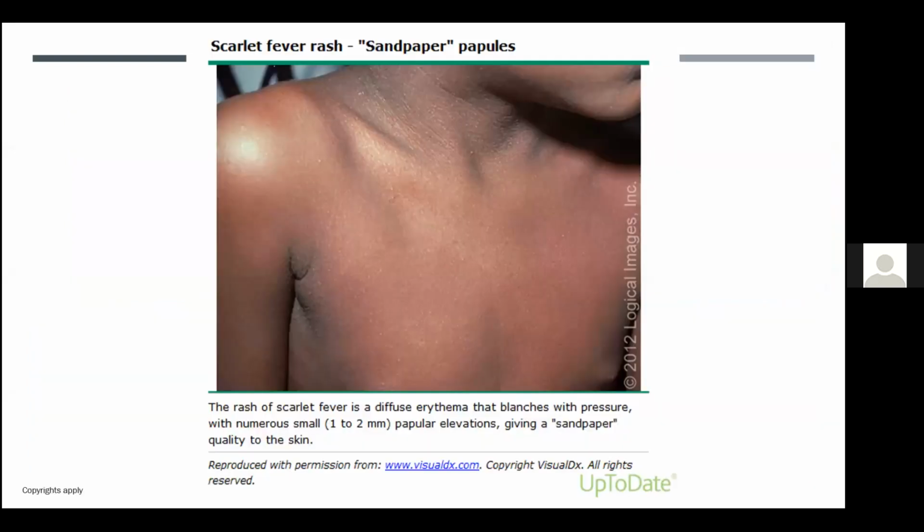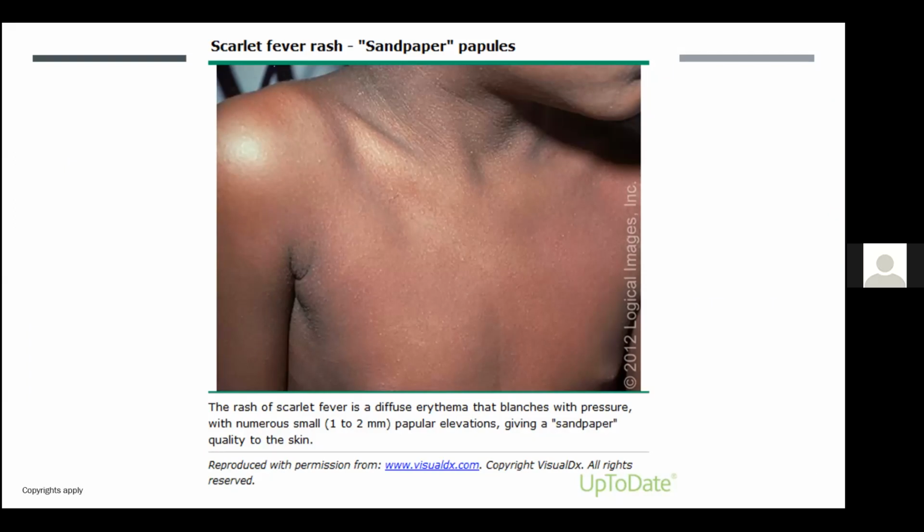Here's a nice view of the sandpaper-type rash, where you get numerous small papular elevations. The rash usually starts in the groin and the armpits and rapidly expands to cover the trunk, and it ultimately desquamates.